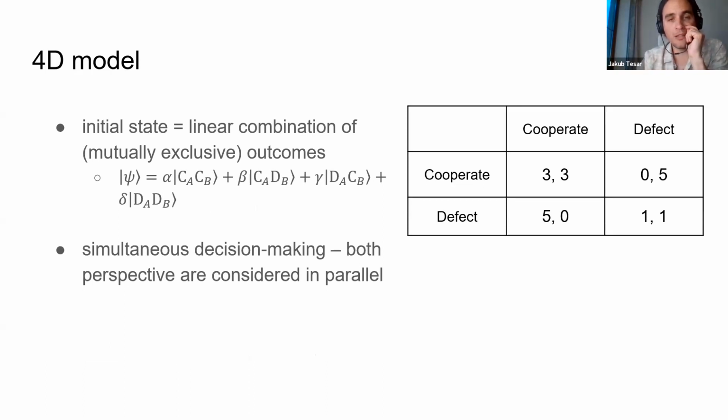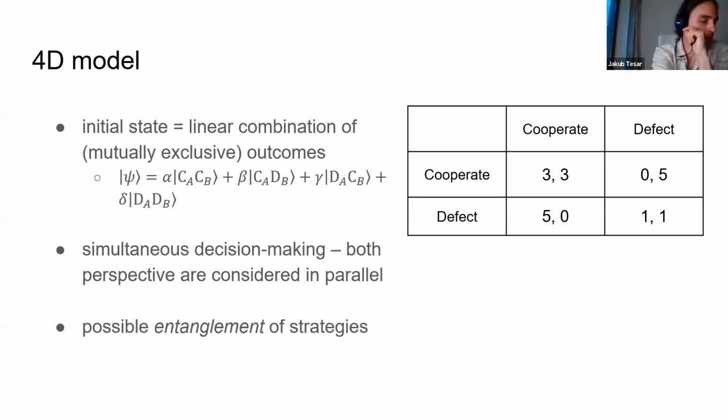It's not necessarily a sequence, but he or she considers both of the strategies together. And it leads quite naturally to the possibility of entanglement of those strategies or the players. And I will show you what we mean by that. Okay, so that's the general idea.